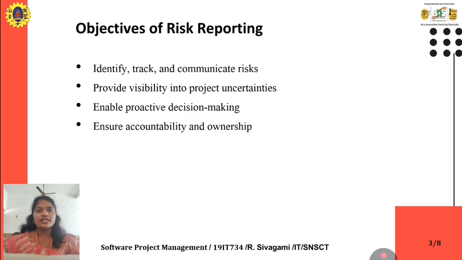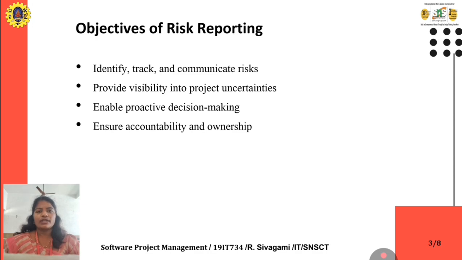The next one is the objectives of risk reporting. What are all the objectives? Identify the risk, track the risk, and then communicate the risk. First we identify the risk, then find out the flow of the risk, and it provides visibility into the project uncertainties.